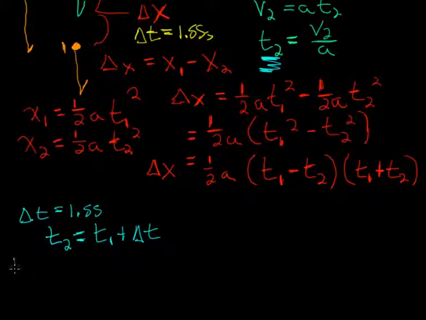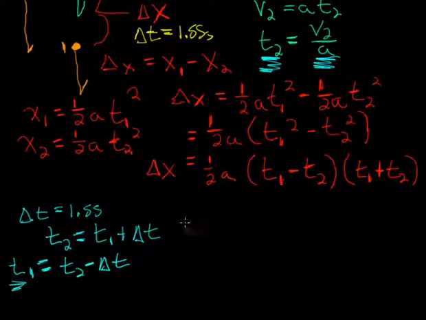So we'll say T1 equals T2 minus delta T. Well, now we can substitute this in here. And so we're going to substitute this for T2 and this for T1 into our delta x equation.